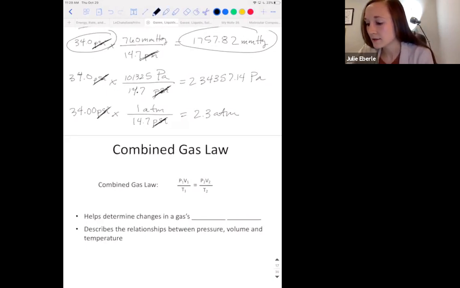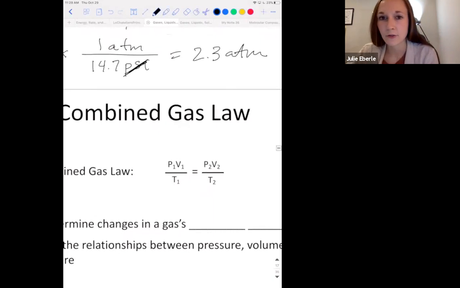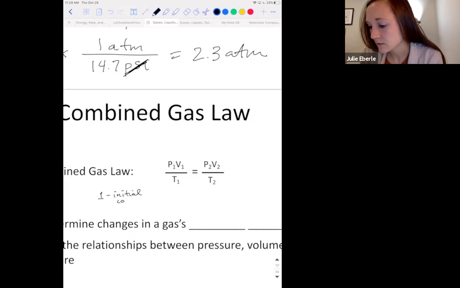What you can see is, you've got 2 sides here and you've got lots of different letters. Okay. What do these letters mean? Well, remember that we study gases with 3 properties: volume, pressure, and temperature. So we've just abbreviated those 3, and we're seeing now how they're all actually interrelated. So on one side, we have P1, V1 over T1. And the 1 stands for initial conditions.